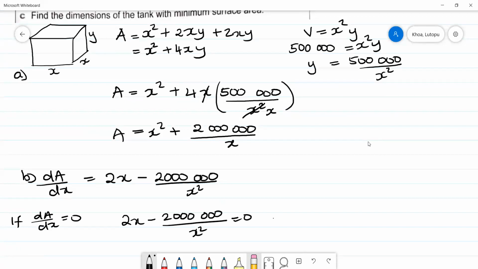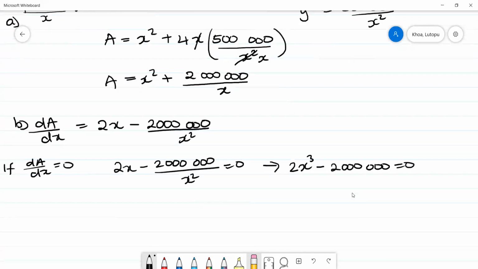So this leaves us with 2x cubed minus 2 million equal to 0. Divide by 2. So we have x cubed minus 1 million equal to 0.